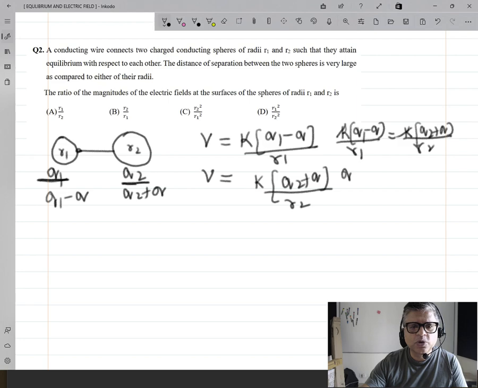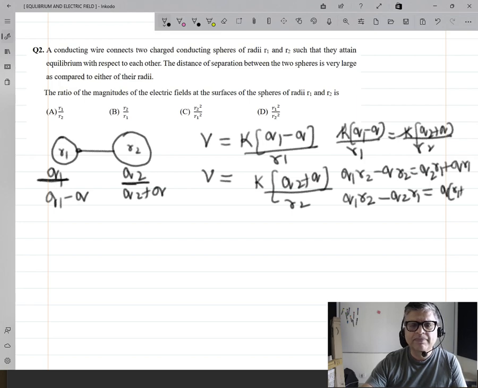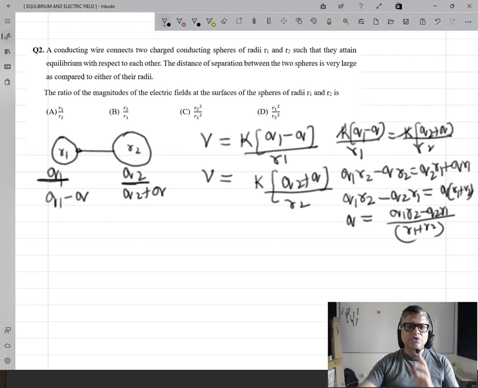So Q1R2 minus QR2 is equal to Q2R1 plus QR1. Now Q1R2 minus Q2R1 is equal to Q(R1 plus R2), and Q is equal to (Q1R2 minus Q2R1) upon (R1 plus R2). So now you have the charge which has flowed from this to this.